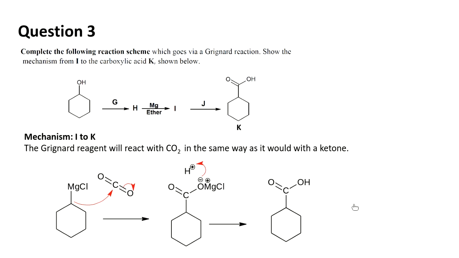The only difference is only one carbonyl group reacts and the other carbonyl group remains unreacted. So at the end of the reaction, you retain one of the carbonyl groups and add a hydroxyl group, which is why you will form a carboxylic acid and not an alcohol as you'd have formed for ketones and aldehydes. Is that clearer?